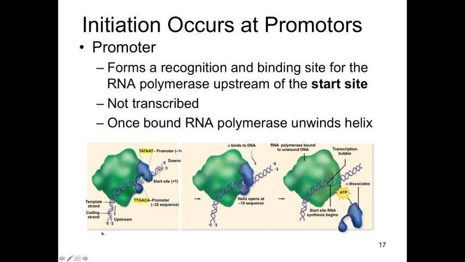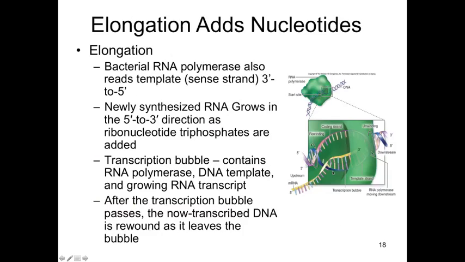Now, we don't need gyrase or anything here because we're just opening up a very small region of the DNA in order to transcribe just the nucleotides inside that bubble on the template strand. So in short, initiation is about putting this large holoenzyme on the DNA and beginning the process of transcription by unwinding the helix.